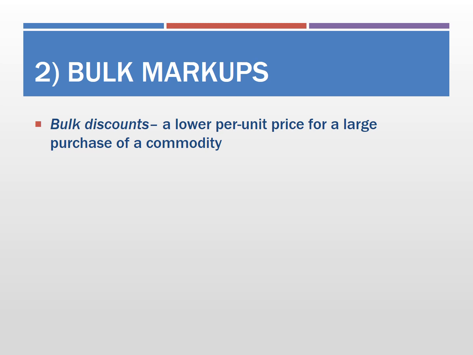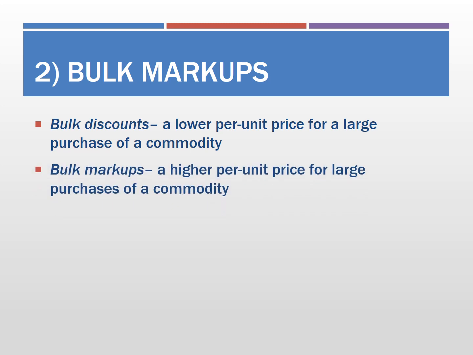The bulk discount, again, is the lower per unit cost for the large purchase of commodities. It's what we described in the case of buying a 6-pack of Coca-Cola instead of 1 can of Coca-Cola in the supermarket store. However, in the insurance market, we usually see a bulk markup, a higher per unit price for larger purchases of the commodity.